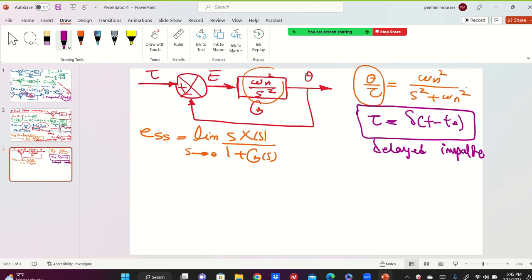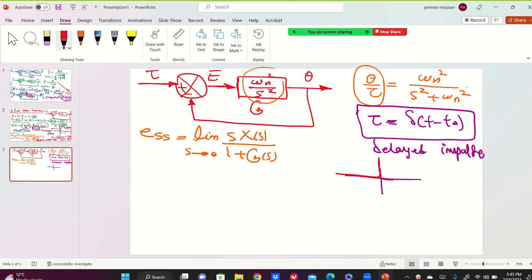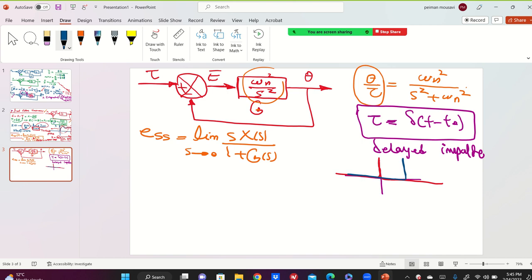This is a delayed impulse. So if I want to plot it here, this is the impulse. And this is the delayed impulse. And here is t naught.